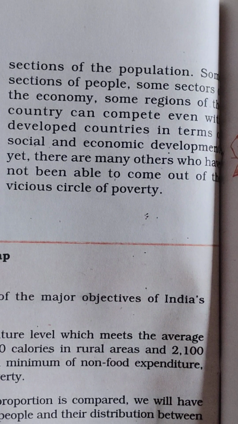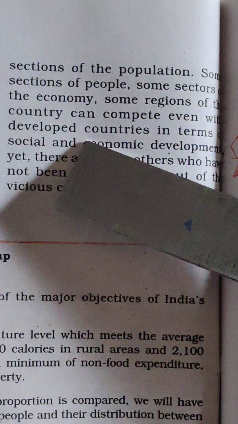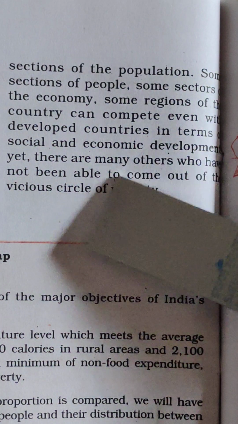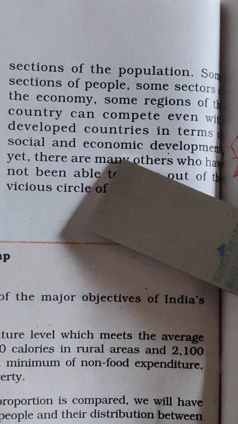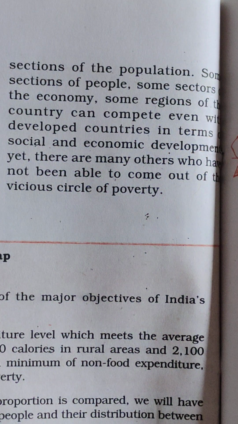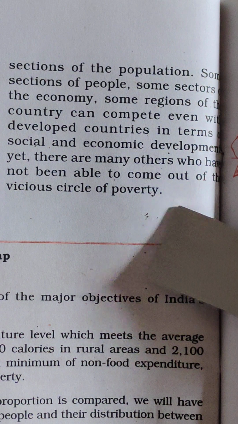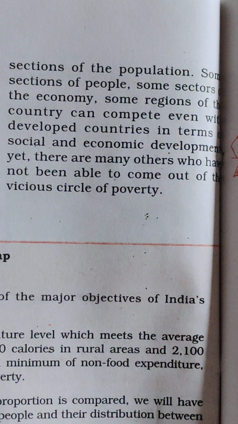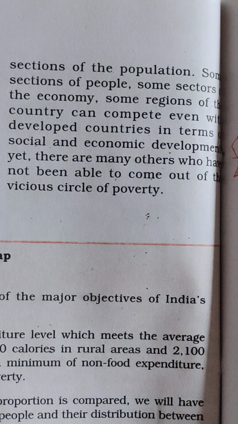Some sections of people, some sectors of the economy, some regions of the country can compete even with developed countries in terms of social and economic development. Yet, there are many others who have not been able to come out of the vicious circle of poverty.